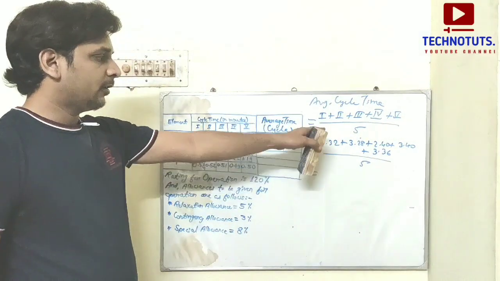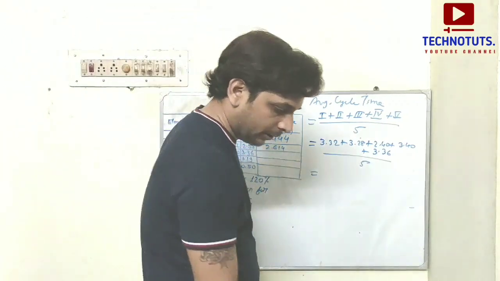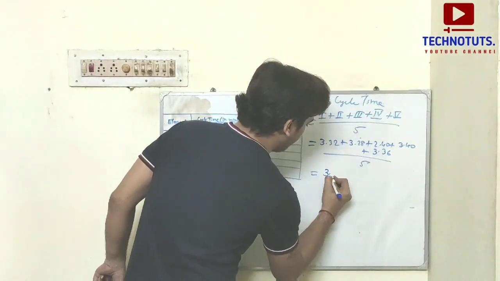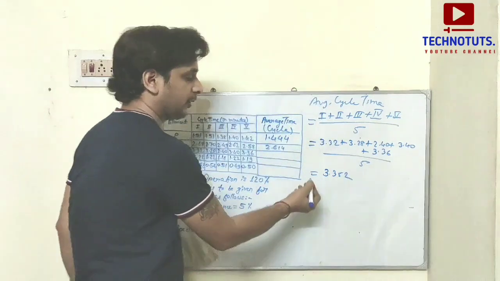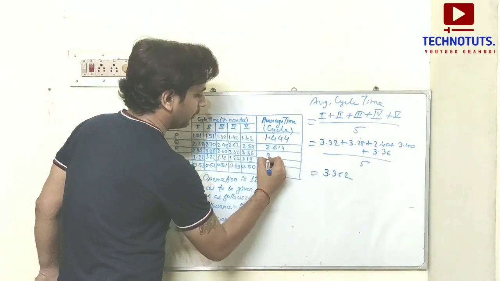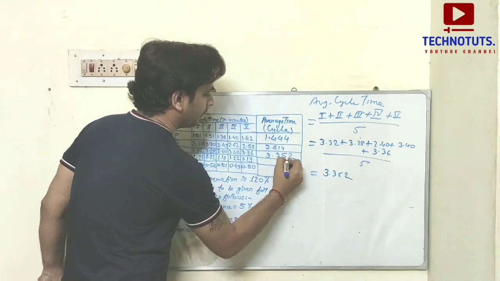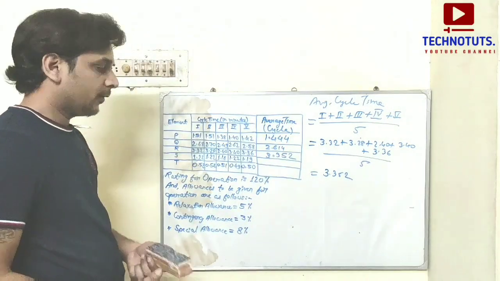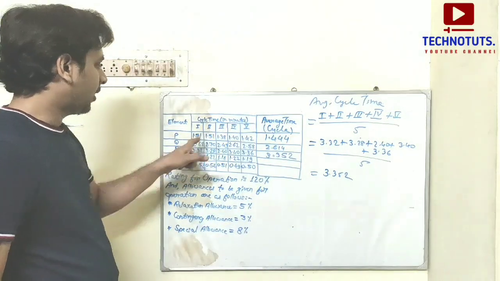On adding all these values and dividing by 5, the value obtained is 3.352. So let us put this value over here, 3.352. We have obtained the average cycle time for element R.